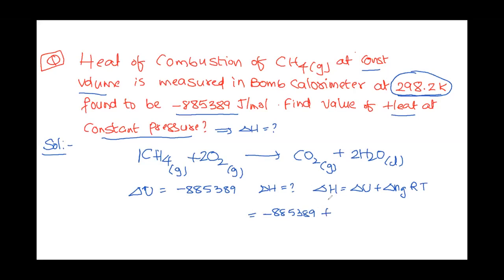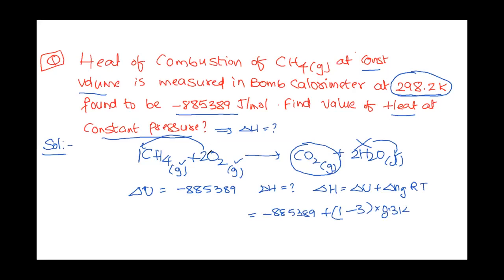Delta Ng is product minus reactant. Don't count water because it is in liquid state. Count only CO2, 1 mole of gaseous product. Reactants are also gaseous, 2 plus 1, 3 moles. So this will be minus 3.